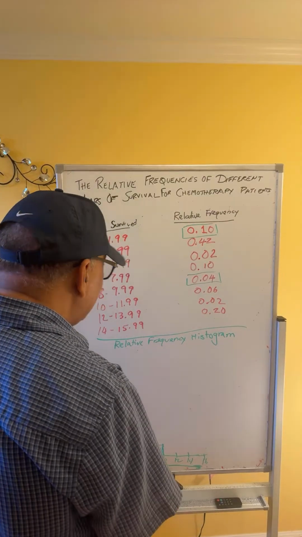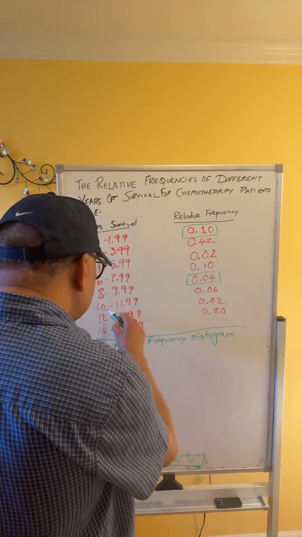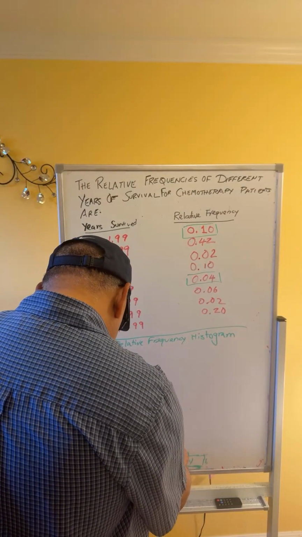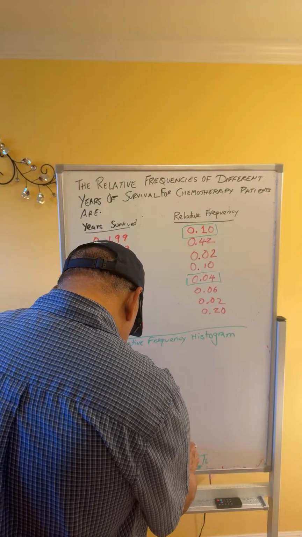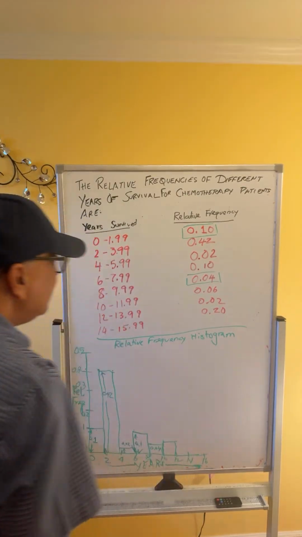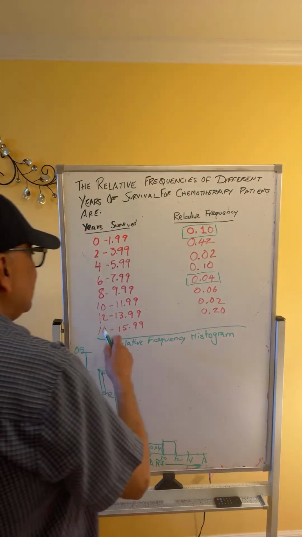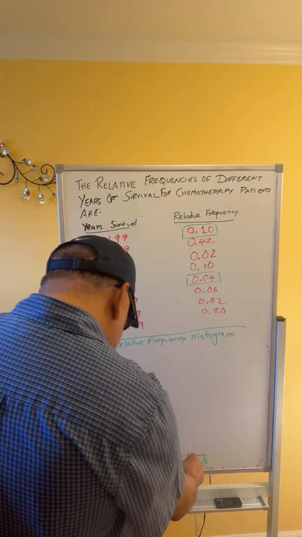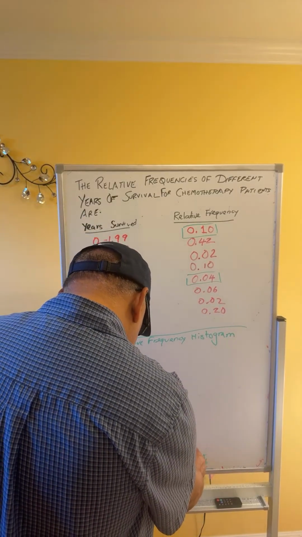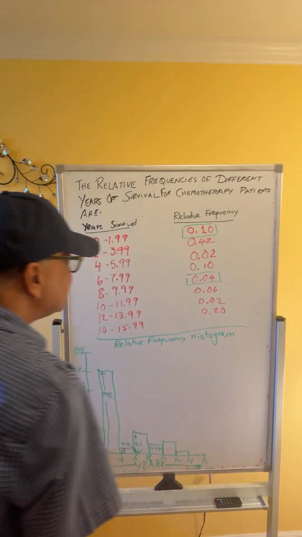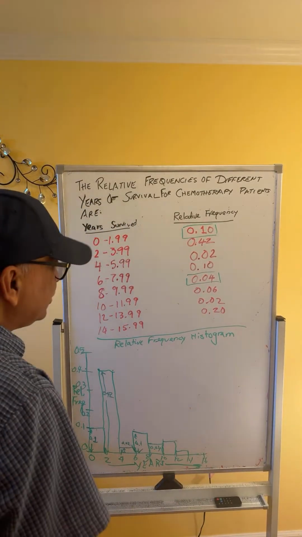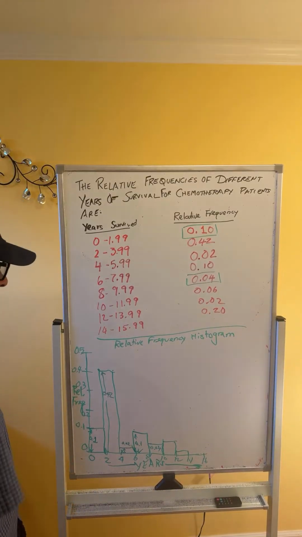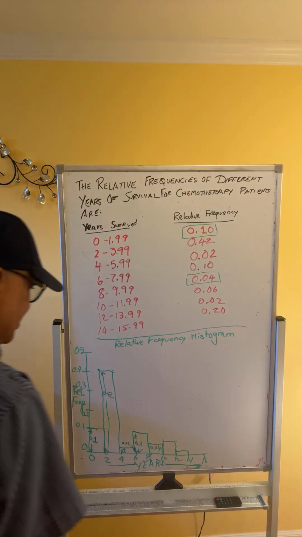Next one is 0.06, that is between 10 and 12. So it will be slightly higher than 0.04, something like this. Okay. Next one between 12 and 14 is 0.02. So again, this will be like this. And the last one between 14 and 16 is 0.2.